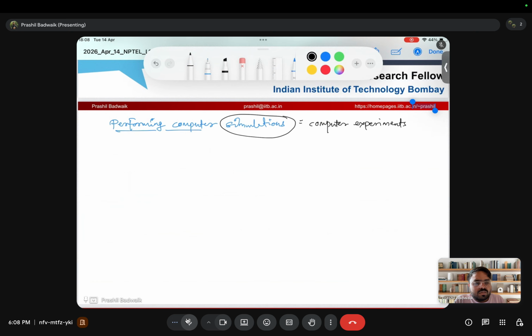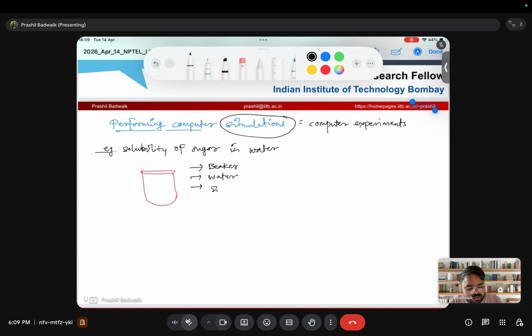What do you need? For example, if I want to check the solubility of sugar in water, then what do I need? I need one beaker, then water, and the third thing is sugar.